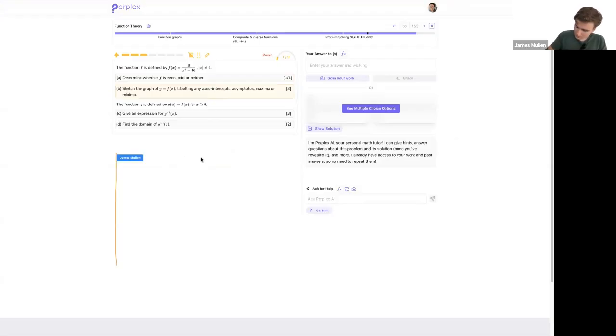So let's draw coordinate axes, and then x squared minus 16 is something like this. Sorry, that should not be a straight line. It should be like this. And it's going to have roots at negative 4 and 4. And I'm going to be doing 8 divided by that.